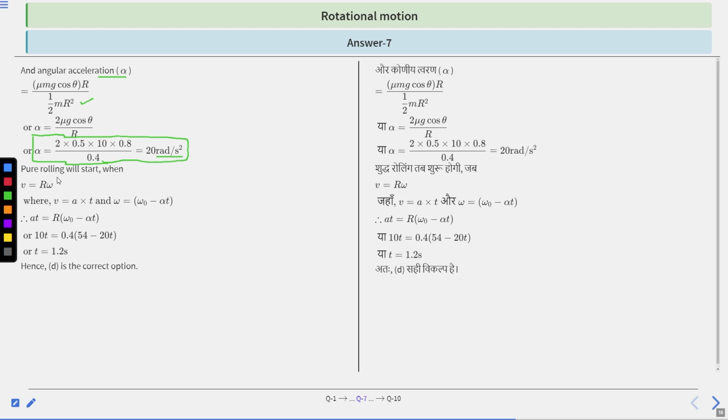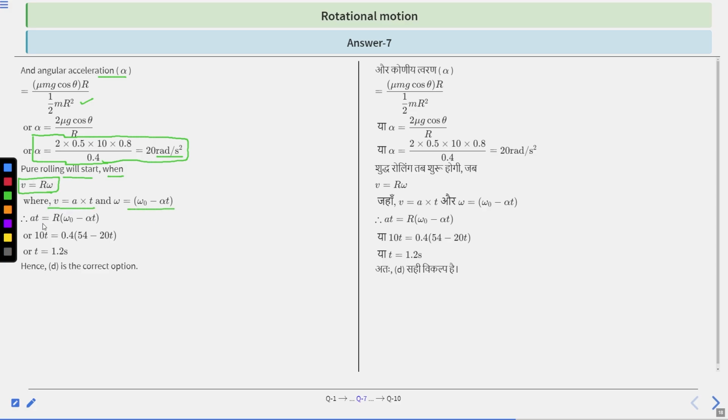For pure rolling, it will start when v equal to r omega, where v equal to a times t and omega equal to omega naught minus alpha t. Clear? These two equations.